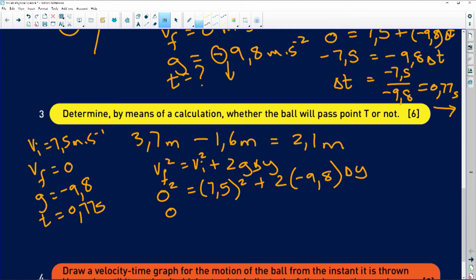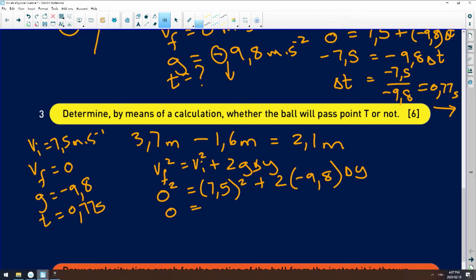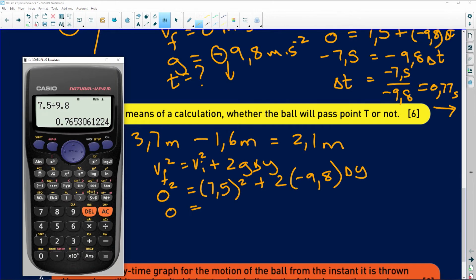So we get 0 equal to, so we need our calculator. All right, so we go 7.5 times 7.5. Sorry, it didn't do it so well. Go again, 7.5 times 7.5. I'm just doing it very old school.